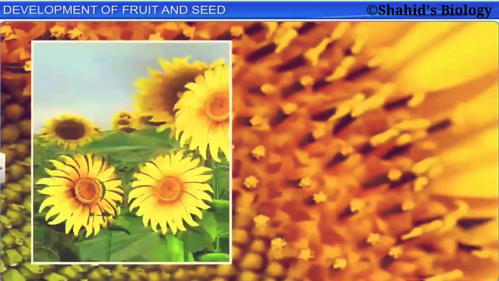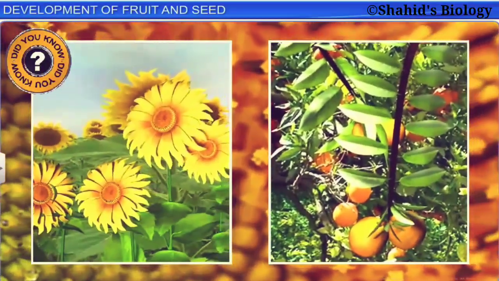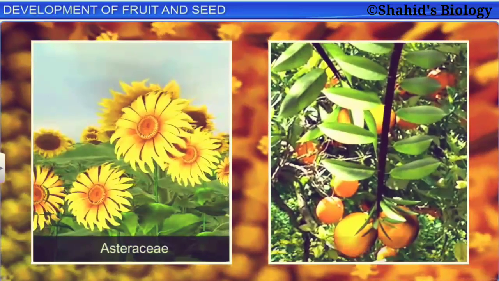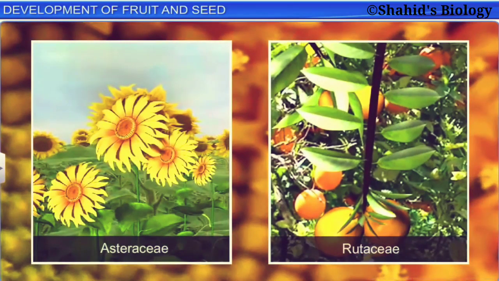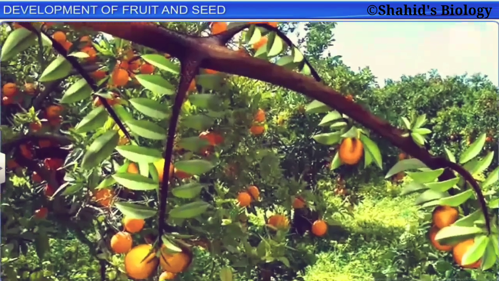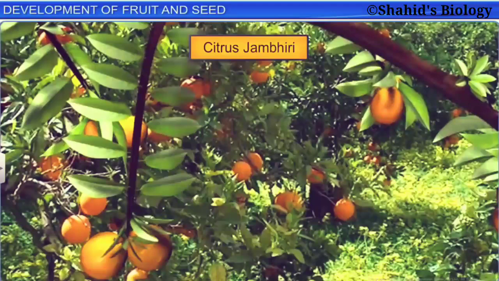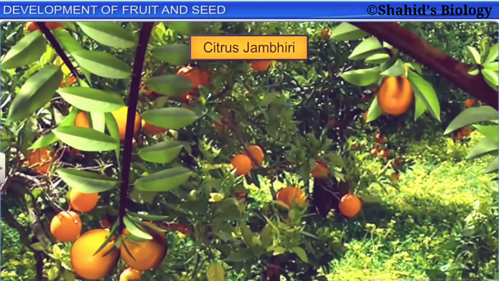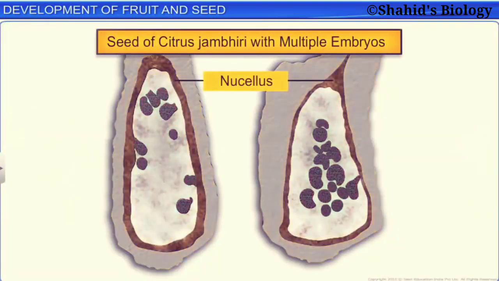Did you know that plants such as grasses and those belonging to the family Asteraceae and Rutaceae are common examples of apomicts? Moreover, in certain apomicts, such as Citrus jambiri, which belongs to the Rutaceae family, the nucellar cells surrounding the embryo sac divide and protrude into the embryo sac.